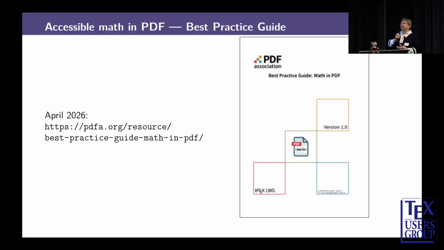It's vendor neutral, so it doesn't tell you to use LaTeX; it only tells them what to do in the PDF, what is the best way to get the best result. The best practice guide, because there are not so many producers who can do it, was typeset with LuaLaTeX. It's one of the only publications in the PDF organization which was made with LaTeX.